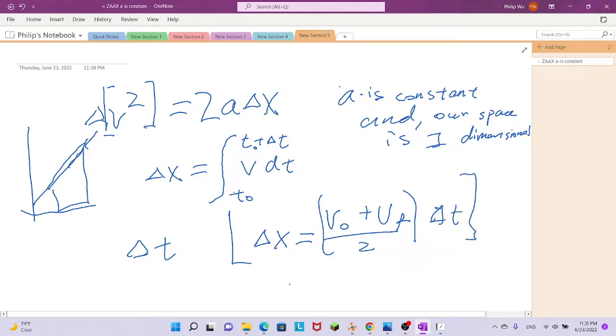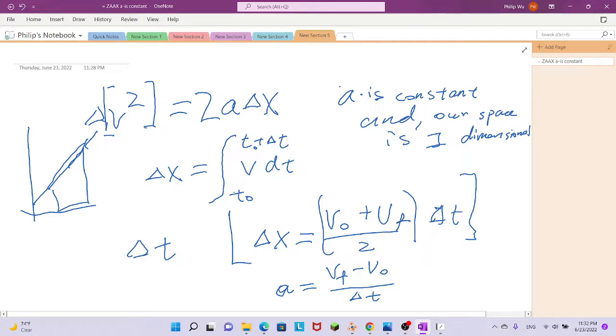And we know that the acceleration is given by Vf minus Vo divided by the time, just the change in velocity over the change in time.